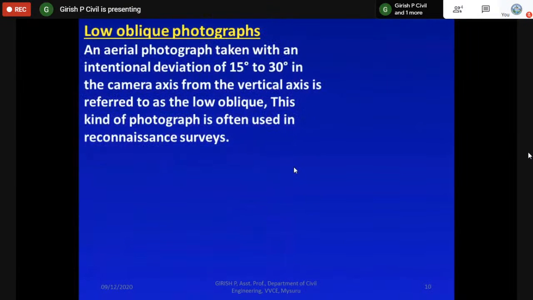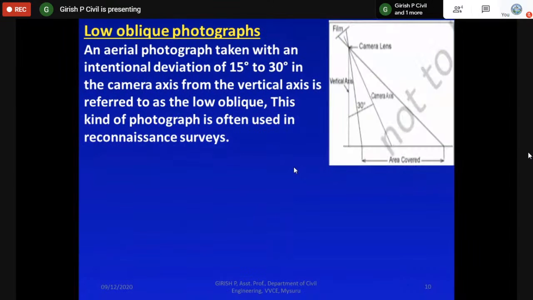Coming to some other types of photographs, low oblique photographs. These are aerial photographs taken with an intentional deviation, in the range of 15 to 30 degrees. If you see the figure, we always have a vertical axis camera.